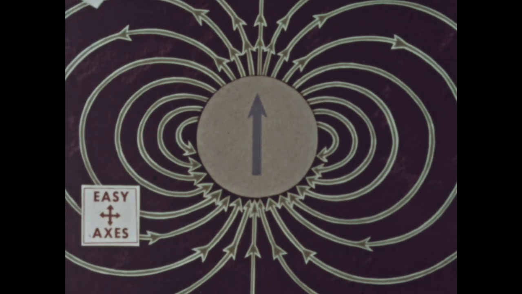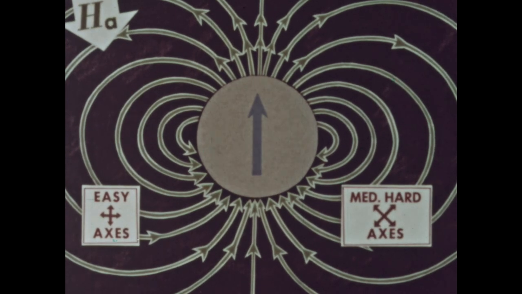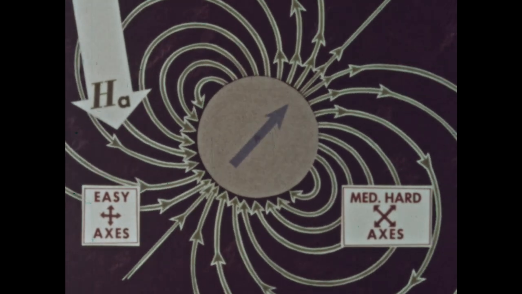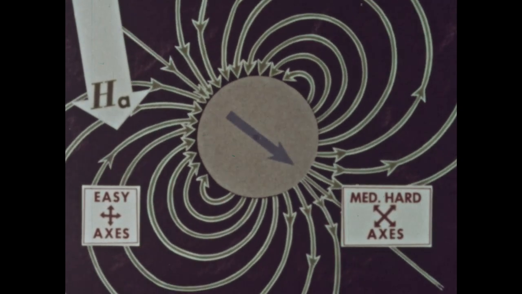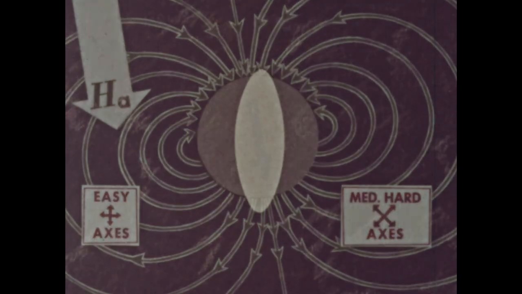Therefore, to change the magnetization, we must rotate it through axes of medium-hard magnetization, and consequently overcome large magnetocrystalline anisotropy energy barriers. Now, if the particle is elongated along an easy axis, a change in magnetization gives rise to another large contribution to the energy.